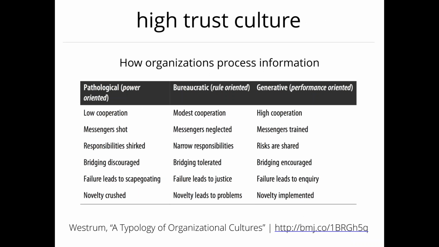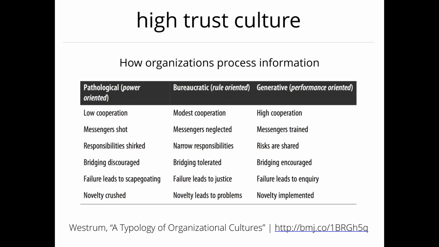And a sociologist called Ron Westrom created a typology of culture which he used to predict how organizations process information. So what he was looking at was information flow, and what he found was that high levels of information flow lead to safe cultures, to better safety outcomes, and culture is what determines the level of information flow. And I'm sure looking at this, you'll have a visceral reaction to this.